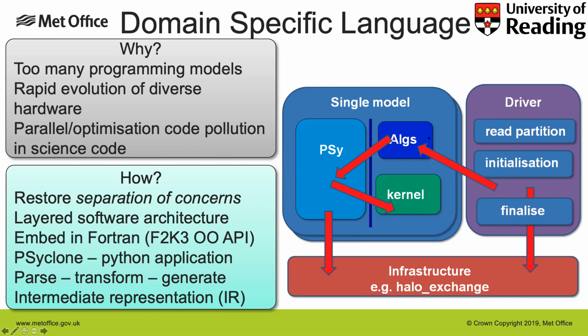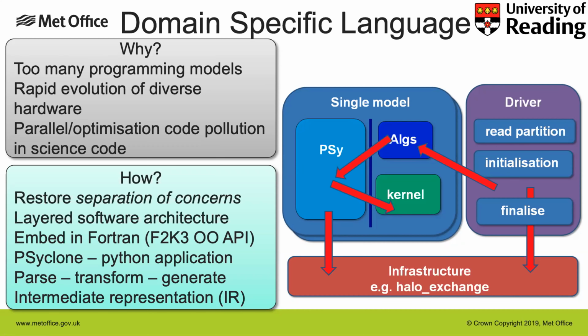So for each single model, we'd have algorithm code, which is a high-level representation of solving an algorithm. And we have individual kernels, which are the mathematical operations themselves. In between these, we have the parallelization system, or Sci layer, where all the parallelization and optimization code is going to live.